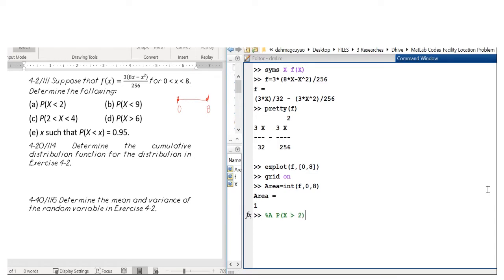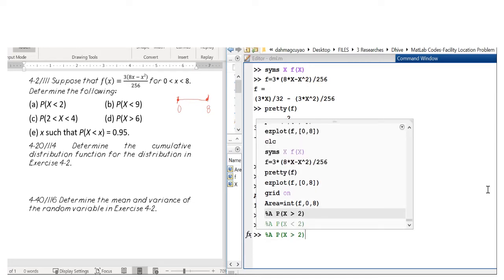When you say greater than, it should be less than 2 rather. So let's correct that. A is the probability that x is less than 2.